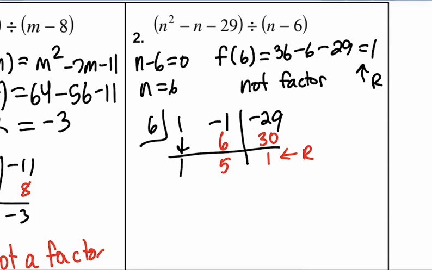What did we get our remainder was going to be? 1. What's the answer to the division? Well, it's really n minus 5 plus 1 over n minus 6. Not nice. It didn't come out evenly. So it's almost n minus 5, but n minus 5 times n minus 6 needs a 30 on the end, not a 29. That's why that little extra 1 came out.